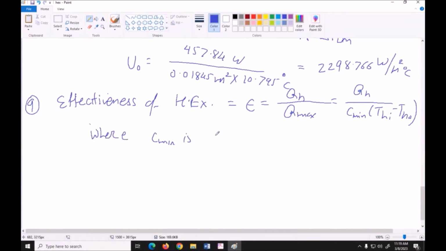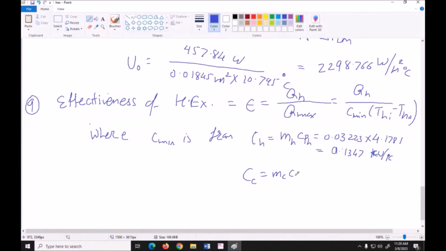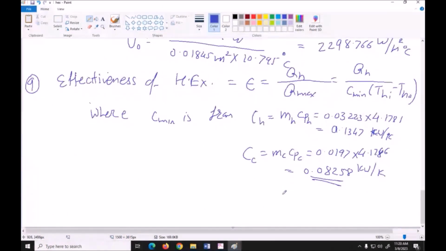Ch is MH Cp H, which is 0.1347 kilowatt per degree centigrade or Kelvin, and Cc is MC Cp C. Your answer is 0.08258 kilowatt per Kelvin or degree Celsius. So this is the minimum. Here C minimum is Cc, equal to 0.08258.